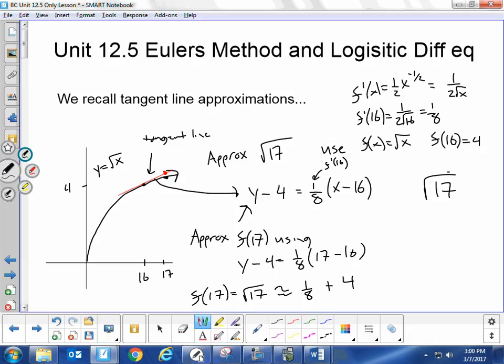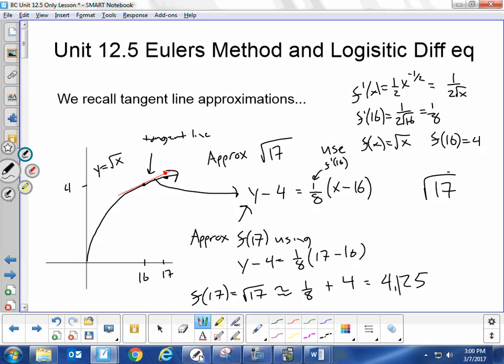And then plug in the square root of 17 and see what it actually equals. Using a tangent line, we say that the square root of 17 is approximately 4.125.